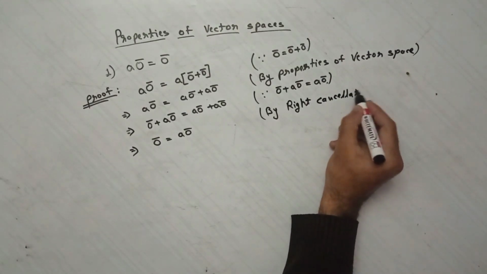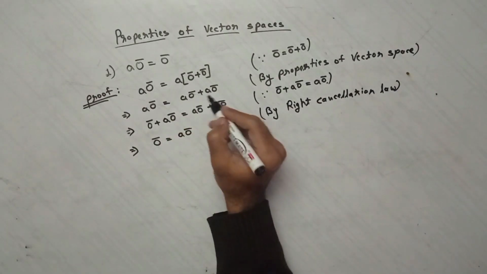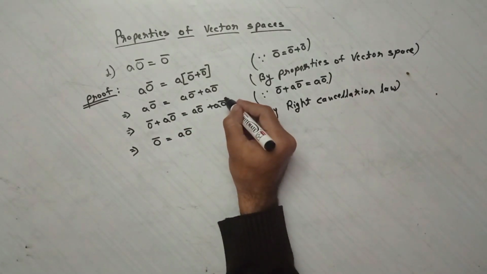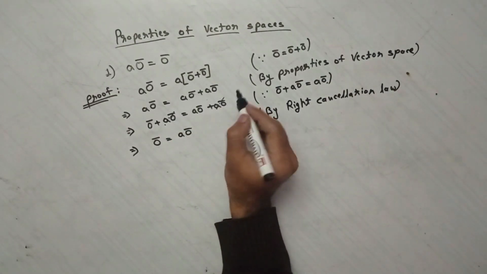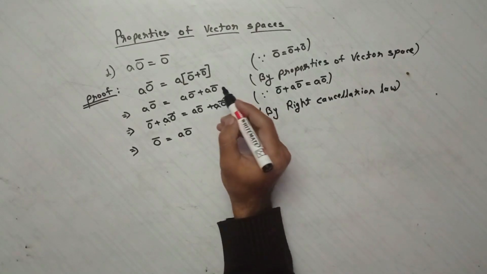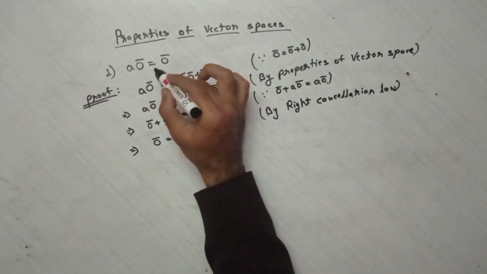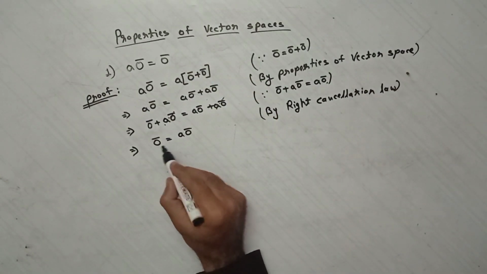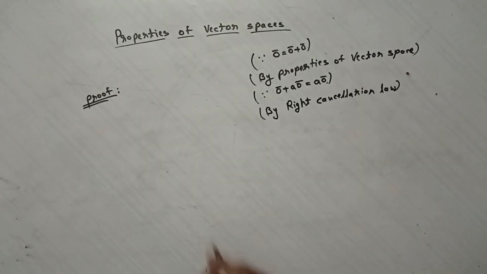Cancellation law means we cancel the right-hand side values. They are not actually cancelled, but the law states it like that. So we started from a zero vector equals zero vector, and we come to prove that a zero vector equals a zero vector.